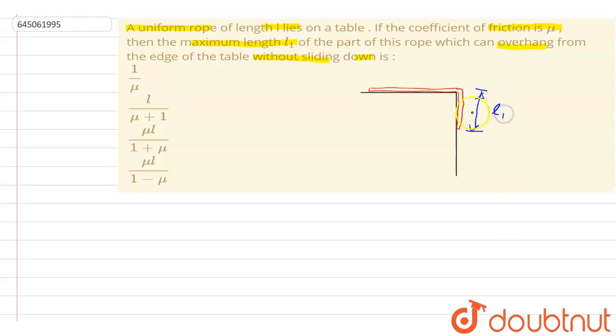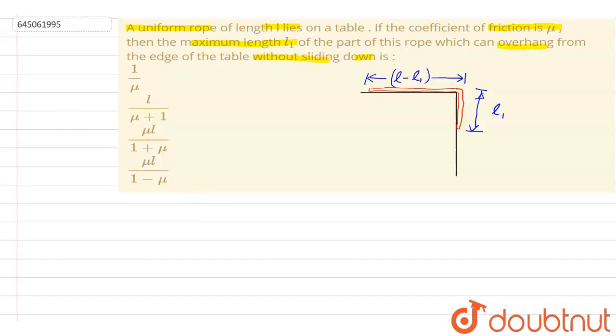Since the total length of the rope is L, the part of the rope lying on the table will be L minus L1. We have to find the maximum possible value of L1 that is hanging down without sliding.